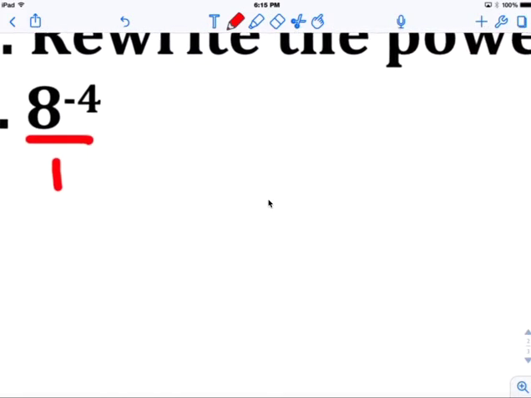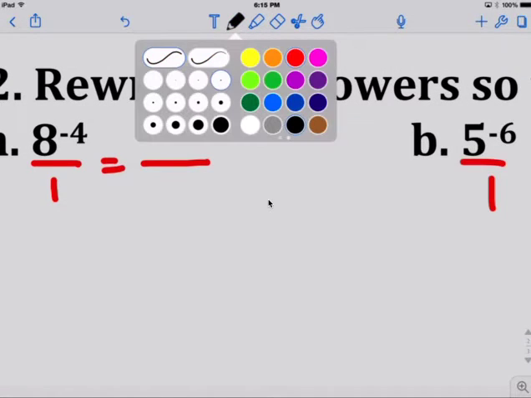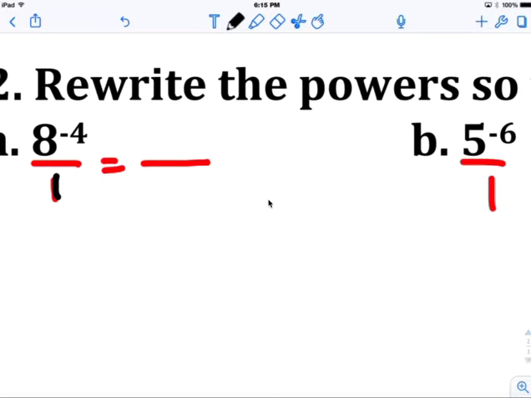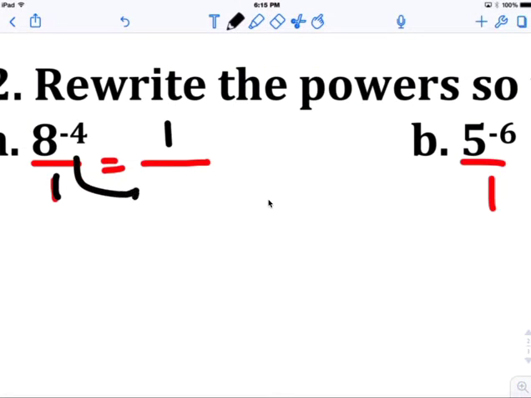You take that, you switch it. This one becomes your numerator, and the other one becomes your denominator. And that negative here turns into a positive, and that's how you make it a positive exponent.